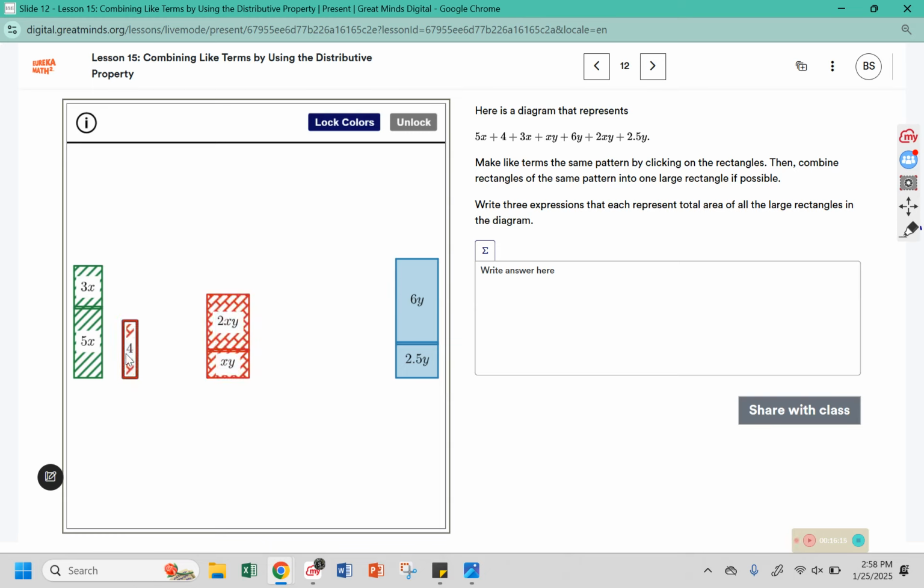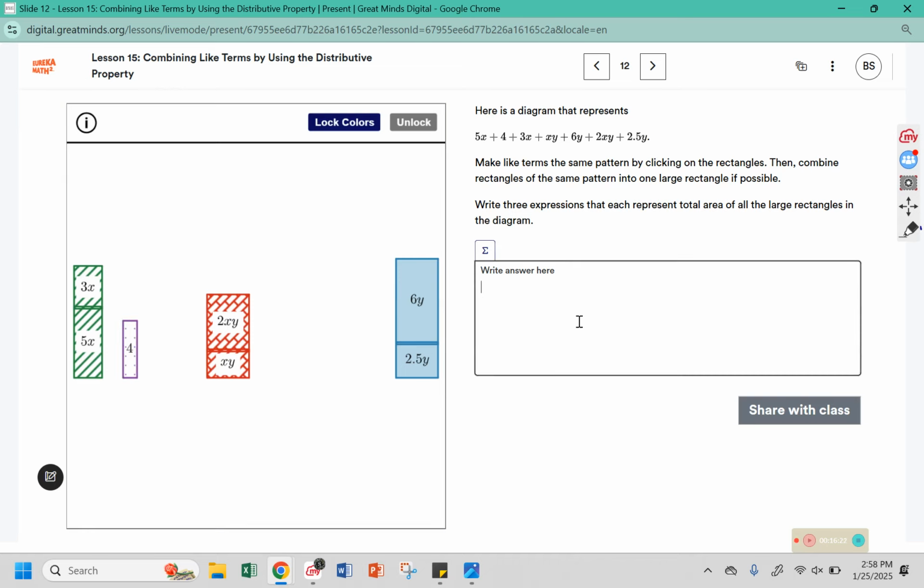And then this one's just a number. So our first expression could look something like this. 3x plus 5x plus 4 plus 2xy plus xy plus 6y plus 2.5y.